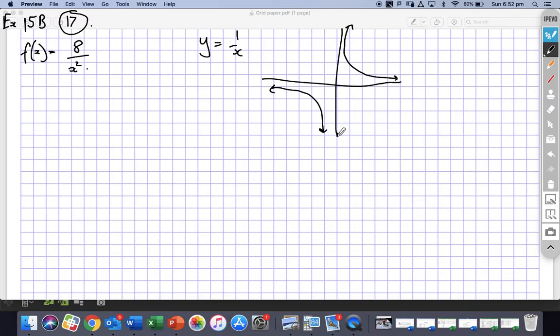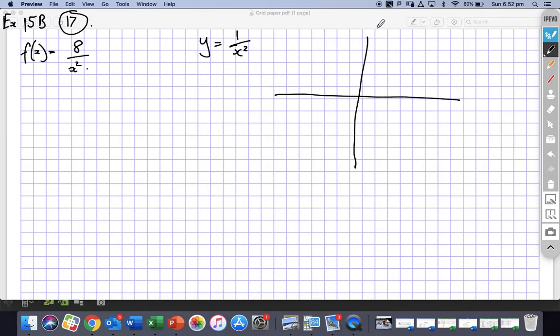However, if this x was squared, then you can no longer get negative y values, because when you square negative numbers, you get positive values. So this part here would look fairly similar.